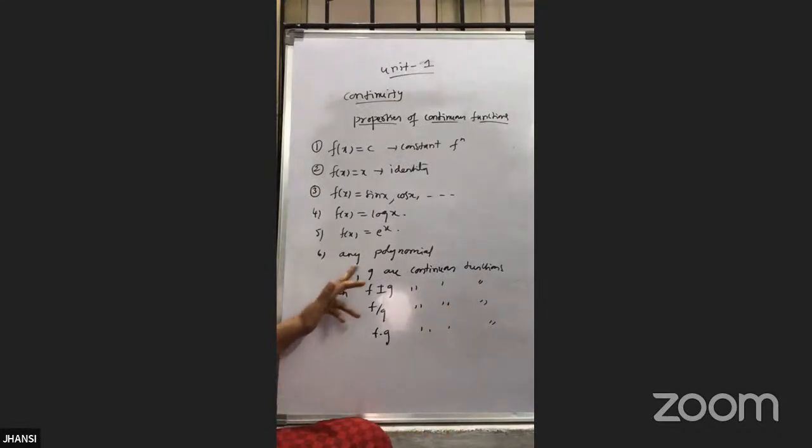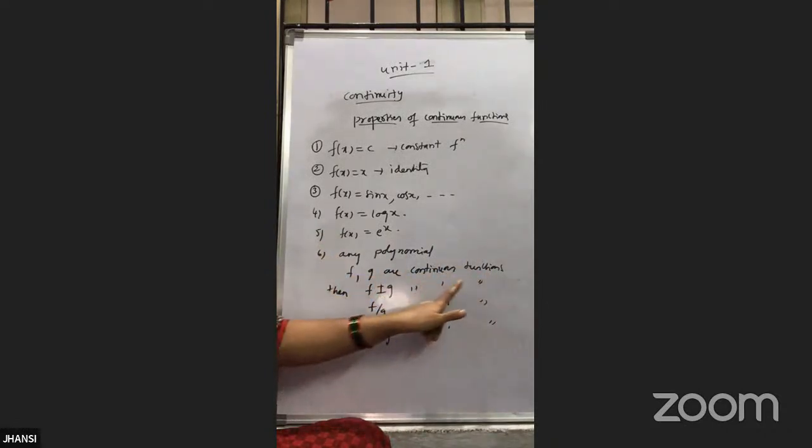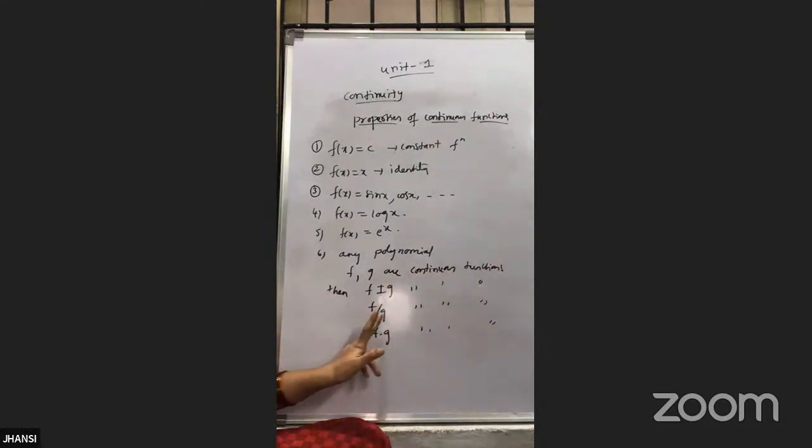That means you can take any two functions from these 6. If two functions are continuous, then addition or subtraction of those functions is continuous, or division or multiplication. So remember these points. With the help of this, you will get one objective type question.